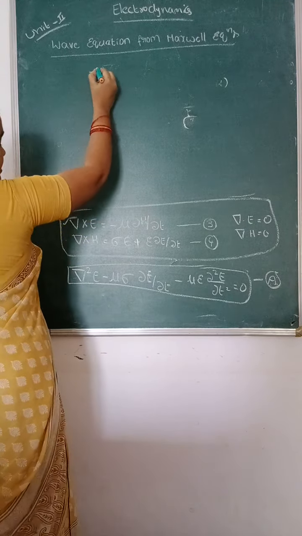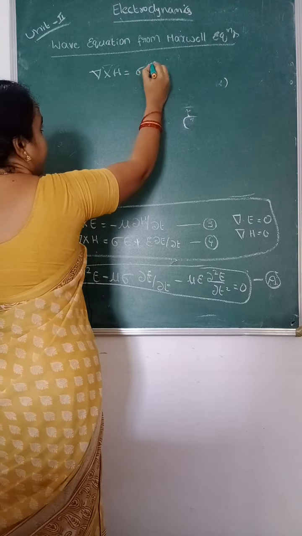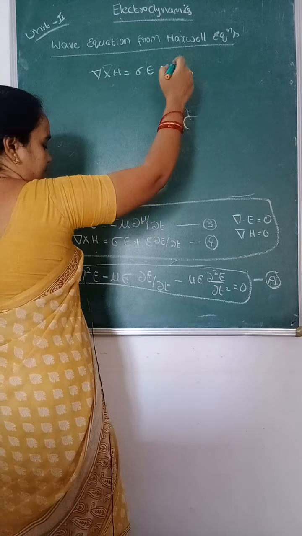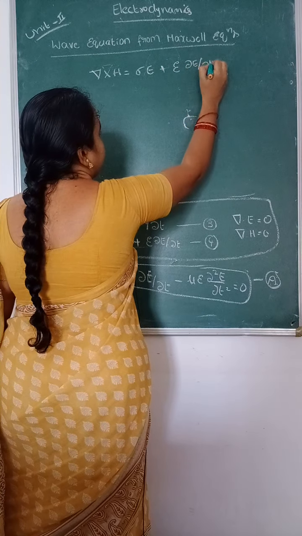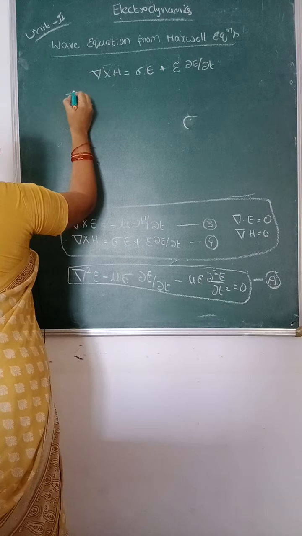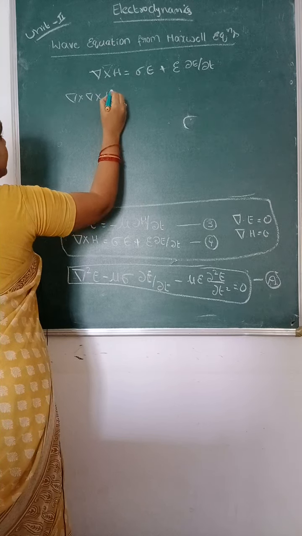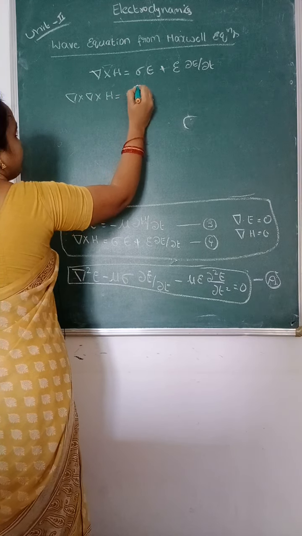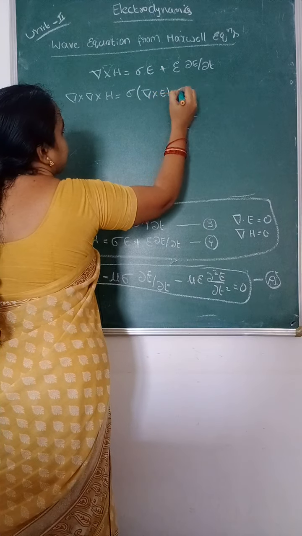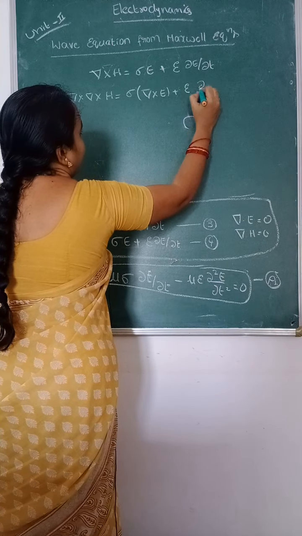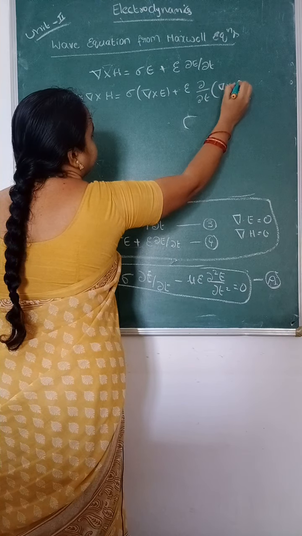Del cross H is equal to sigma E plus epsilon dou E by dou T. The same process, taking the curl on both sides, that is del cross H is equal to sigma of del cross E plus epsilon dou by dou T of del cross E.